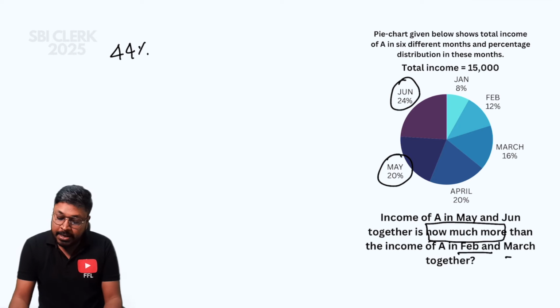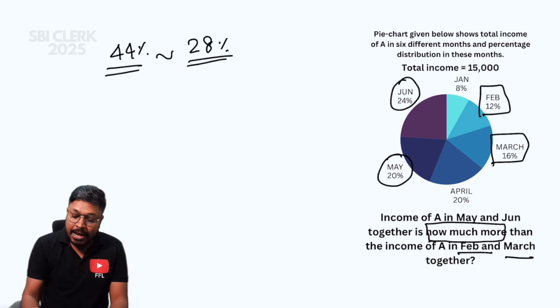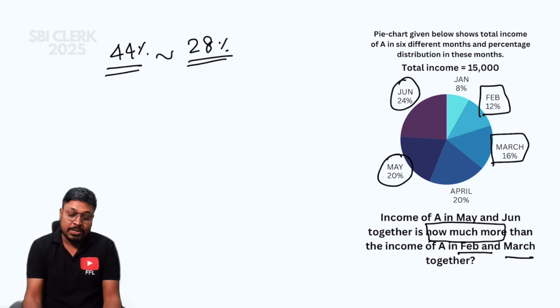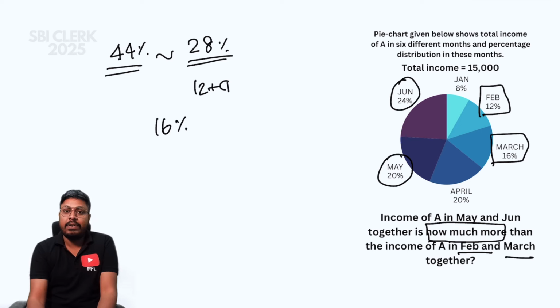And Feb and March. Feb is how much? 12. March is how much? 16. So this will be 28%. Now we have to see how much more, which means we have to see the difference. So 44 minus 28: 12 plus 4 is 16%, which is the difference. So 16% of 15,000.